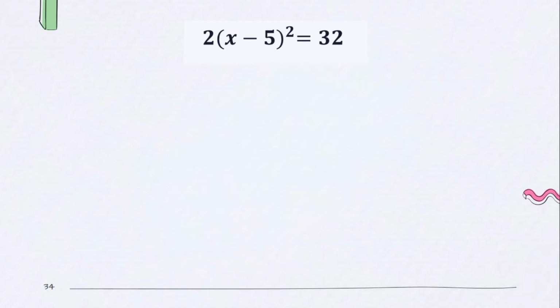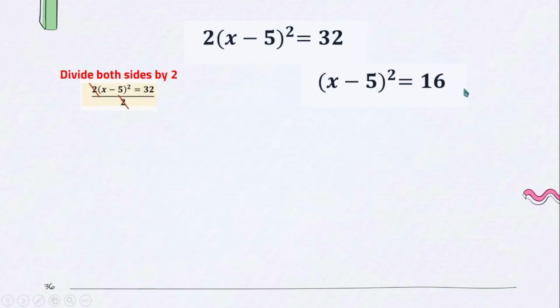So, we have here 2 times the quantity of x minus 5 squared is equal to 32. First, we need to divide both sides by 2 so we can cancel the 2. So, we will now have the quantity of x minus 5 squared is equal to 16. Why 16?